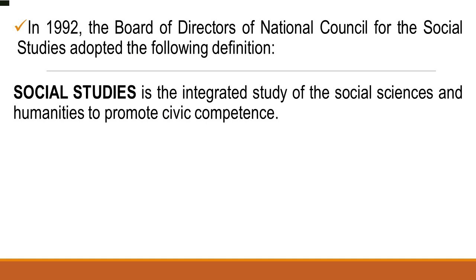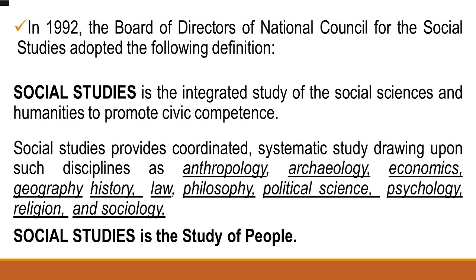Social studies is the integrated study of the social sciences and humanities to promote civic competence. Social studies provides coordinated, systematic study drawing upon such disciplines as anthropology, archaeology, economics, geography, history, law, philosophy, political science, psychology, religion, and sociology.